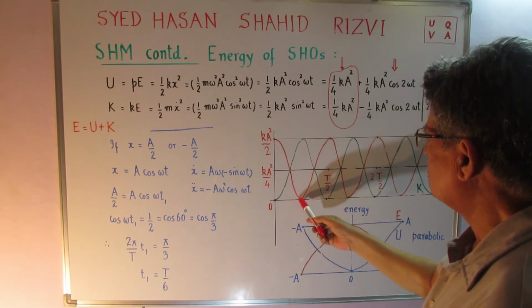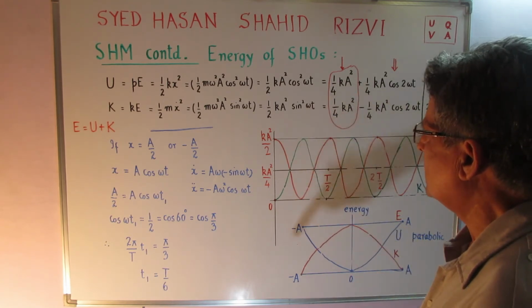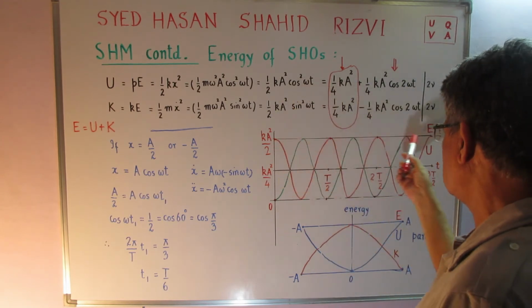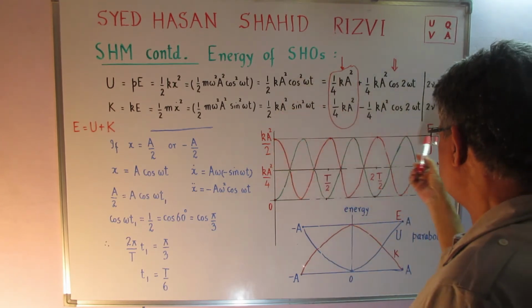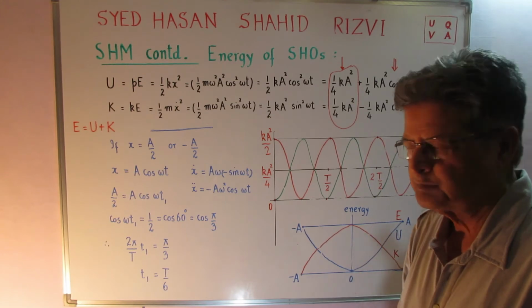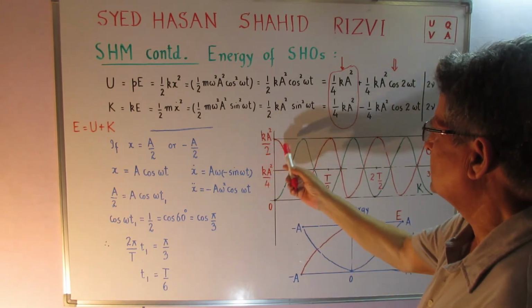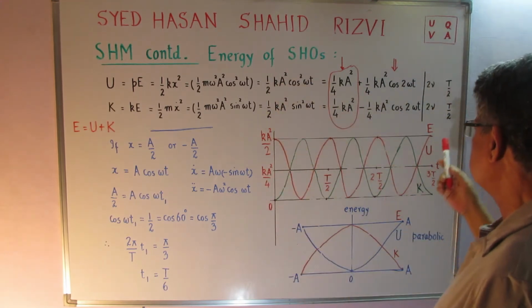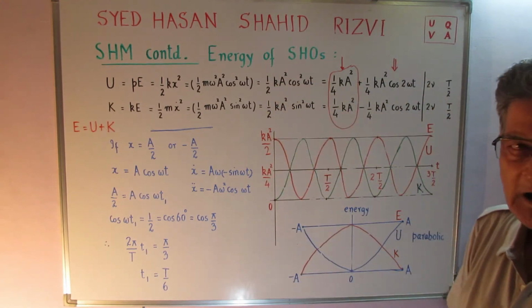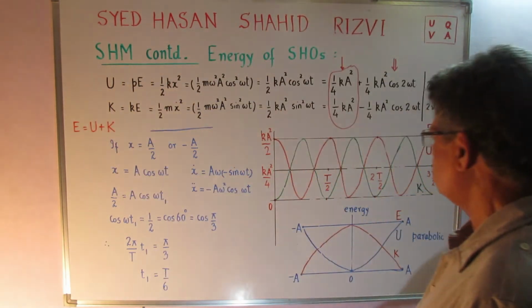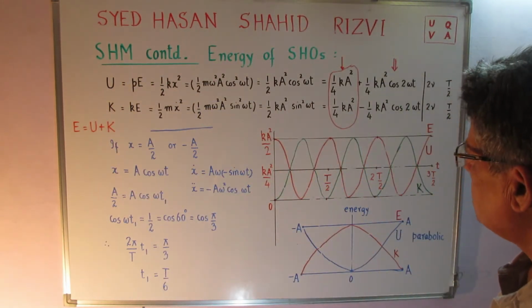Here and here you can see this is 0 and this is k square by 2. So every time what I am going to get is this curve over here, the black line, this black line is the maximum value associated with frequency. That is, this is giving you the total energy E. So E is equal to U plus K, and we obtain like that.